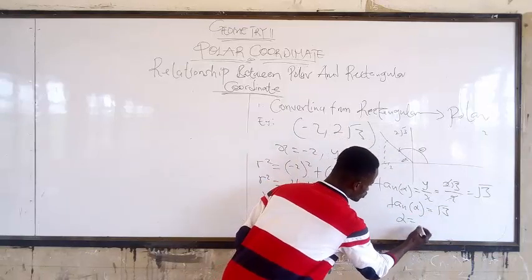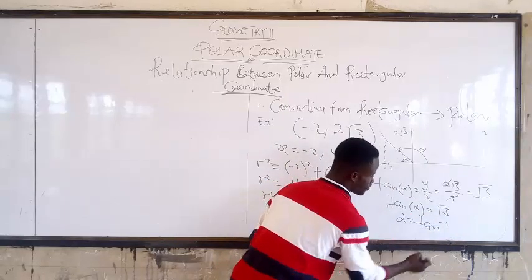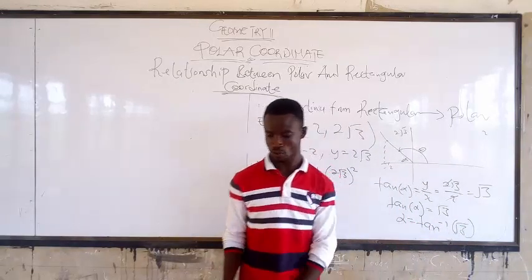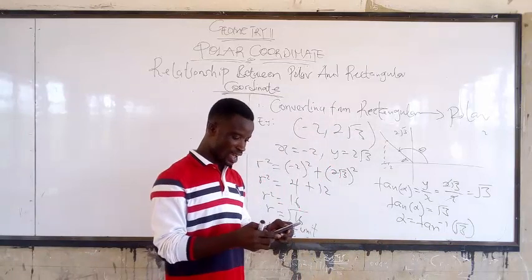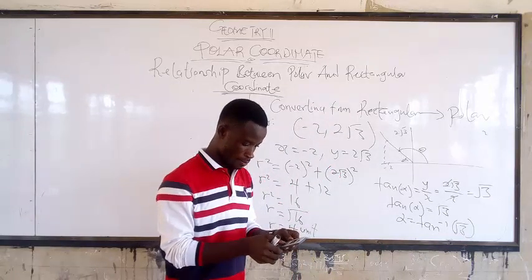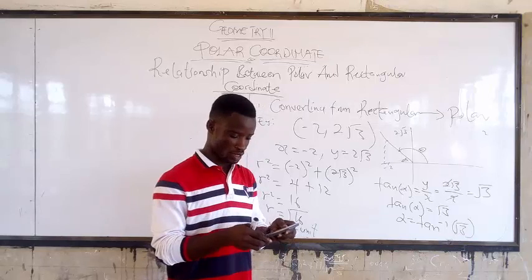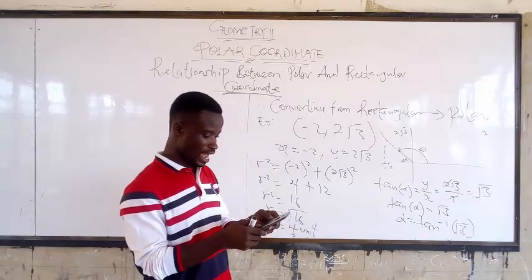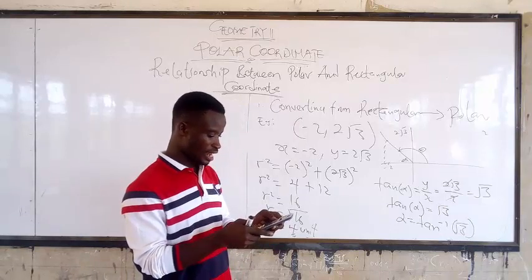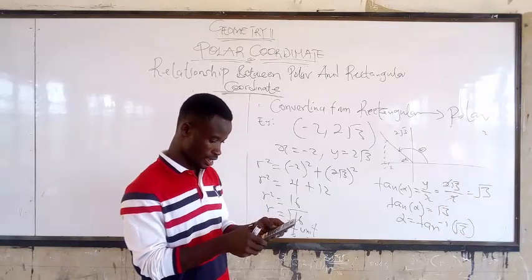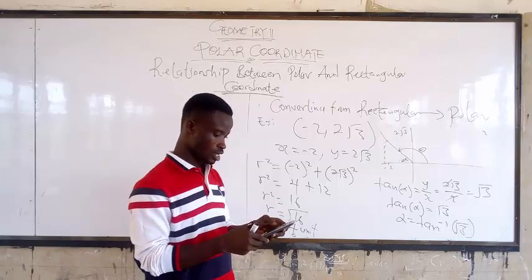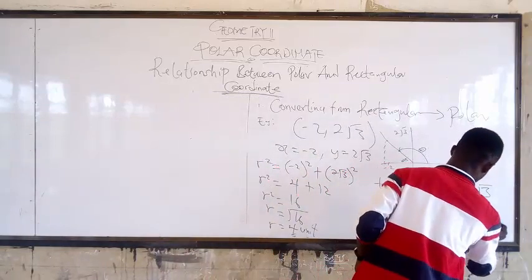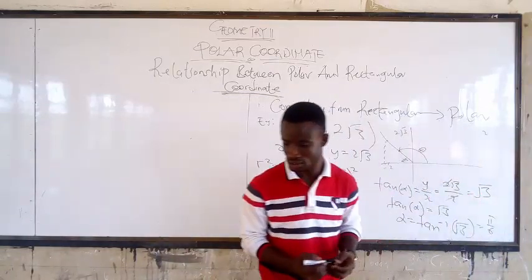So alpha will be equal to tan inverse of root 3. So let's change our answer to radian. So tan inverse of root 3 is going to give us pi on what? Sorry, pi on 3.